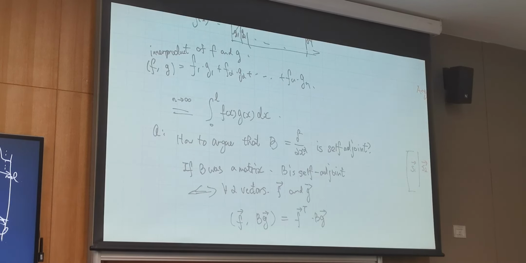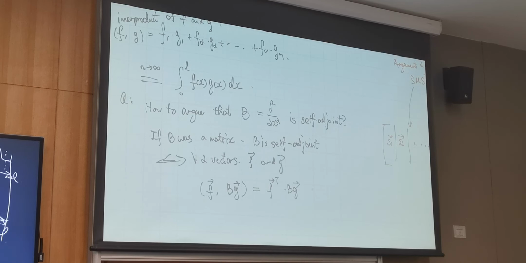B is self-adjoint, so B equals its transpose. That should equal f transpose B transpose g.